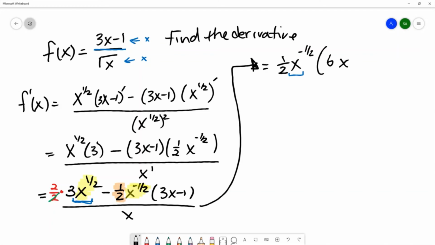And I'm going to get the power on that x by doing this exponent minus this exponent. I'm sorry, I've got it backwards there. I said that backwards. So I'm going to do this exponent here minus this exponent here. That's 1/2 minus negative 1/2.